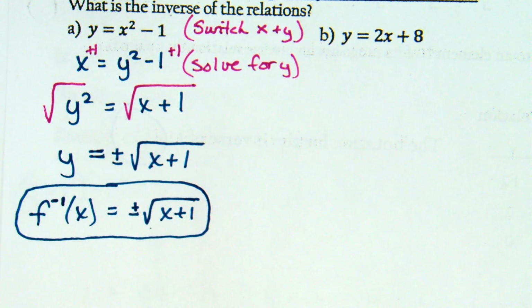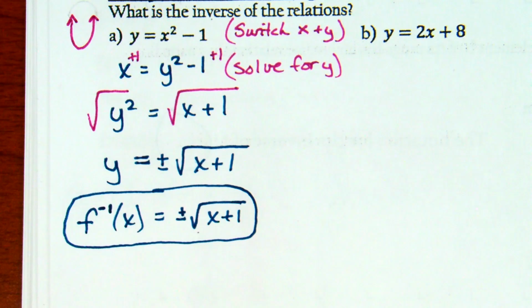Can you visualize a graph for y equals x squared? What is y equals x squared? Parabola. A right side up parabola, yes? The minus 1 just takes it and moves it down 1. So, for the purpose of a visual, this originally started off as a parabola looking like such.